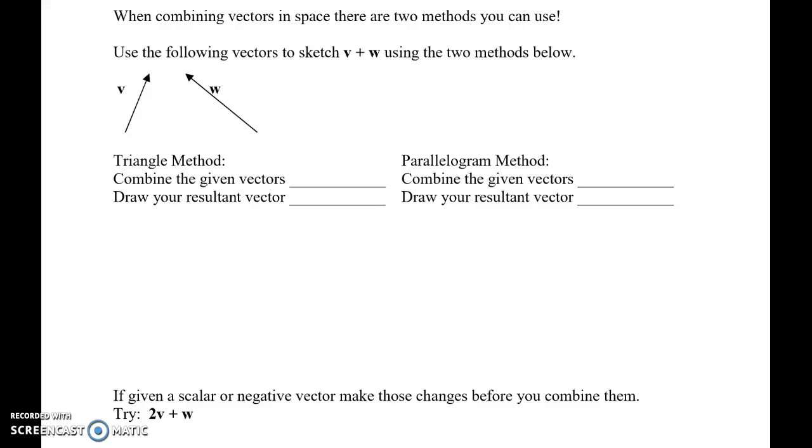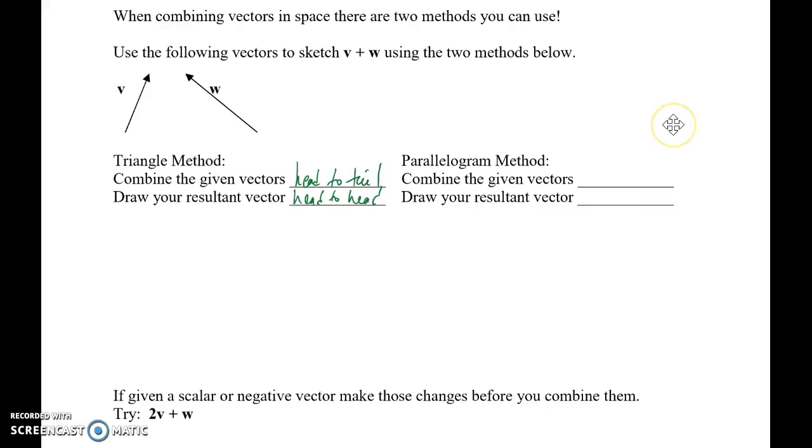On the triangle method, which I actually use more, you combine the given vectors head to tail. Remember, head and tail are short words for terminal and initial. So you combine the vectors terminal to initial, and then you draw your resultant vector head to head. This might mean nothing to you, but we'll do this example and hopefully that will make sense.